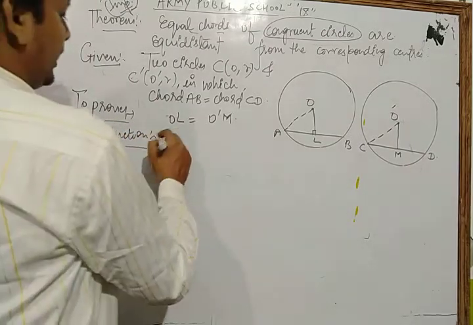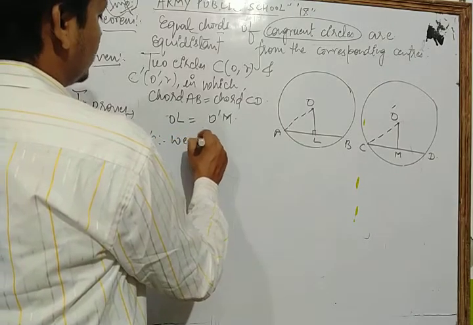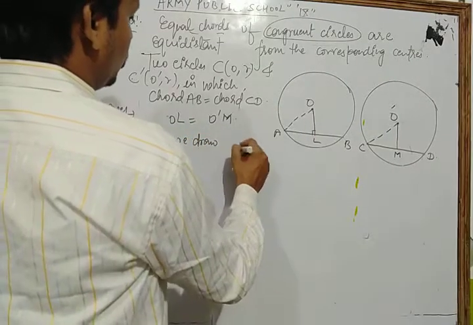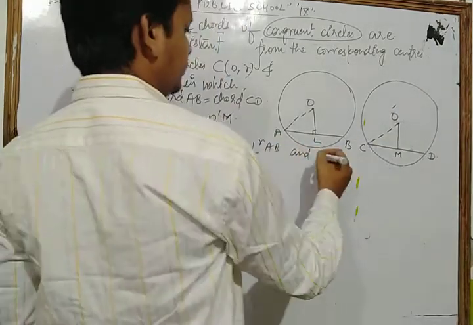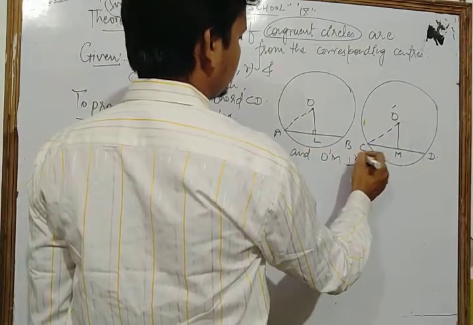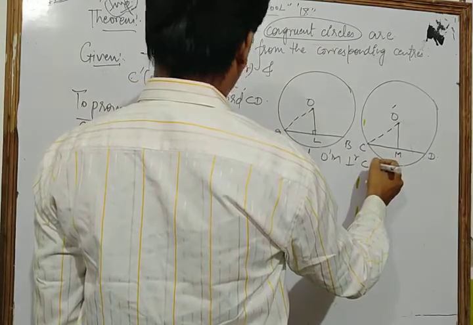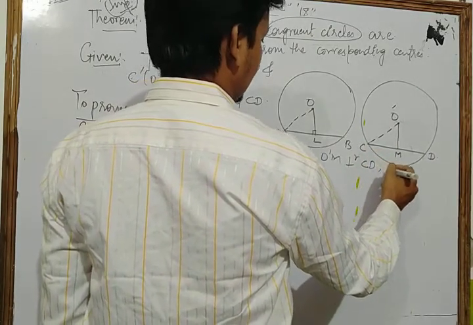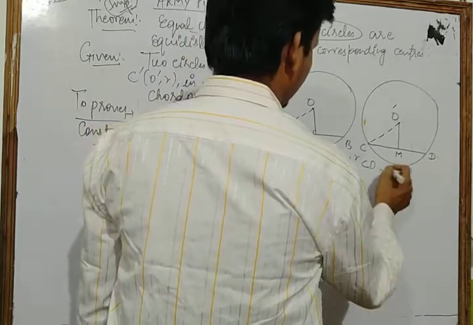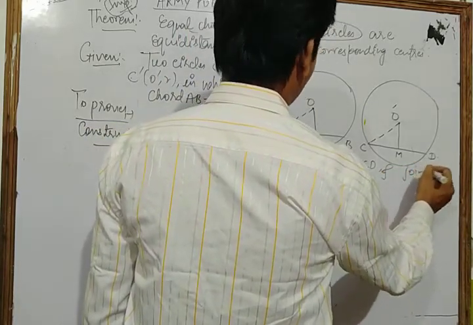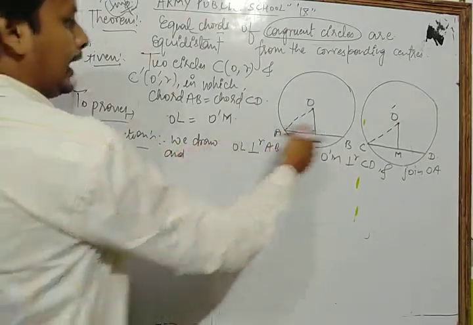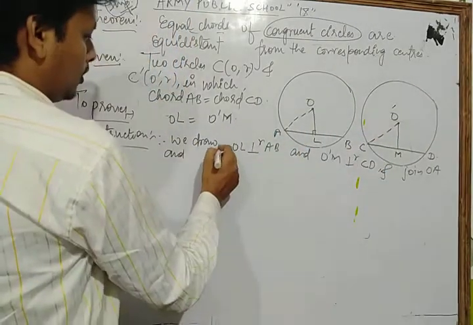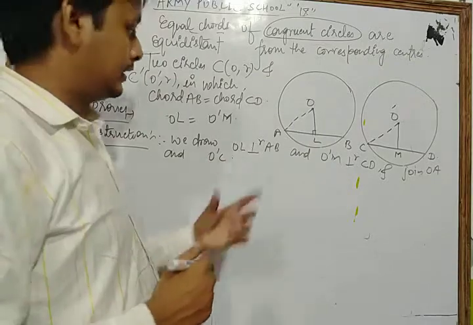What do we do in construction? We draw OL perpendicular to AB and O dash M perpendicular to CD, and join OA and O dash C. This is the construction.